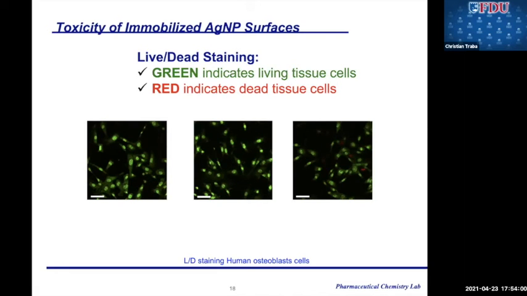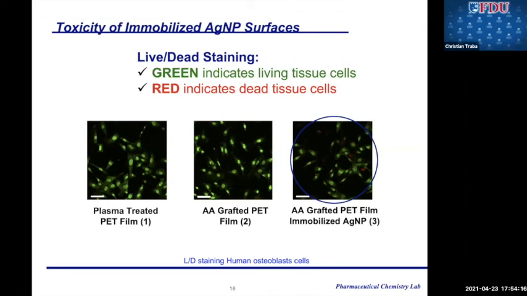So we grew human fetal osteoblasts on plasma treated films, which was our control, acrylic acid grafted films, and immobilized surfaces. Once again, the cells grown on our plasma treated PET films were taken as 100% and everything was compared to that. The scale bar is 50 microns.